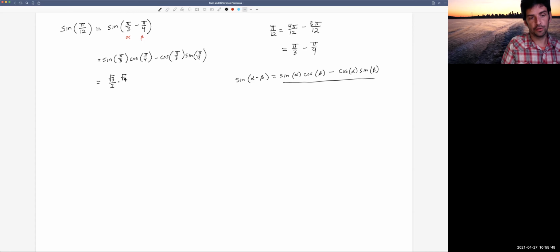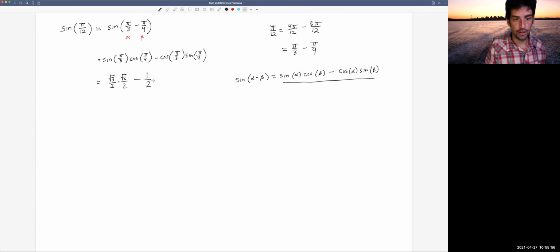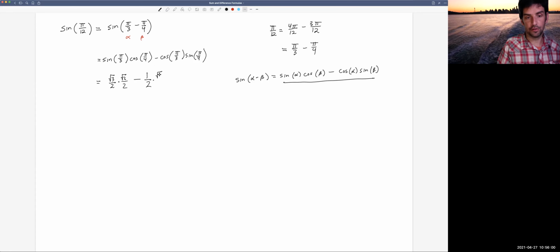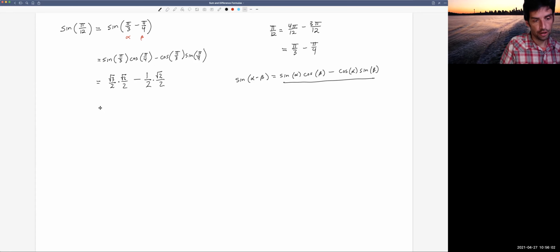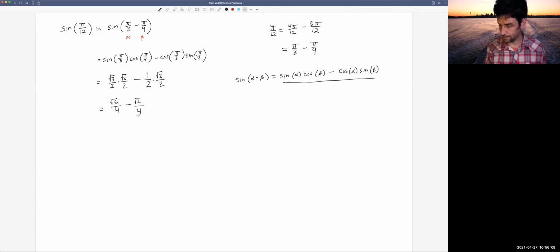Cosine of pi over 4, root 2 over 2. And then cosine of pi over 3 is 1/2. And sine of pi over 4 is root 2 over 2. So we end up with square root of 6 over 4 minus the square root of 2 over 4.